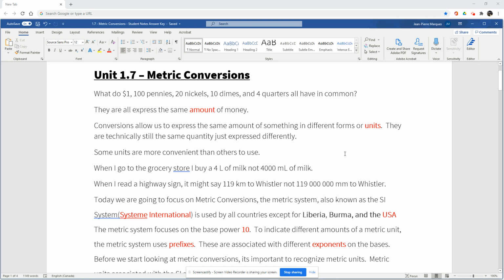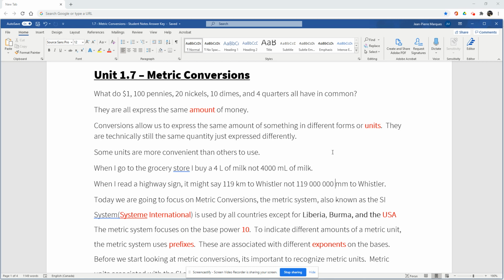And the metric system focuses, as the rest of our numerical system, on the base power of 10. However, what is different is to indicate different amounts of metric unit, we use prefixes. Prefixes allow us to designate which size of the unit you're talking about. A kilometer, for example, 1,000 meters, or a millimeter, 1,000th of a meter.